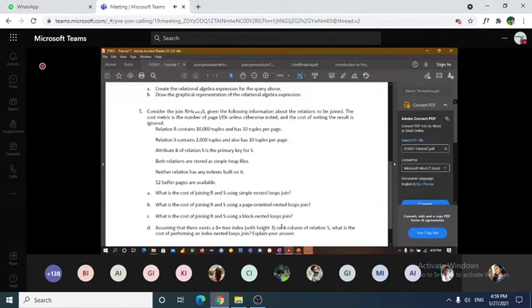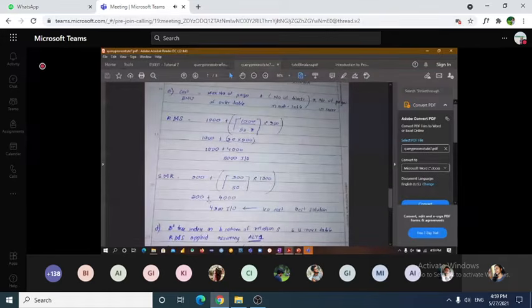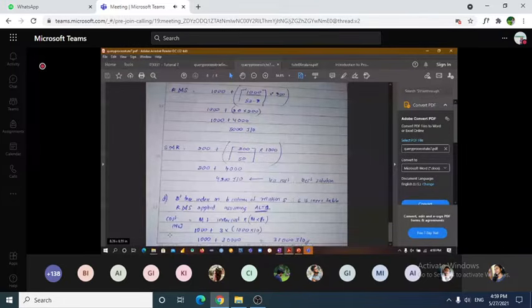So here, let me show my answer again. So here, B plus tree index on B column of relation S. So directly without any problem, I have taken the S as the inner table.